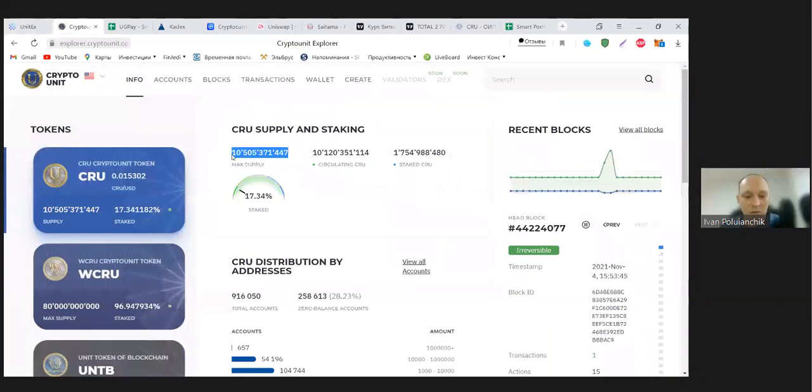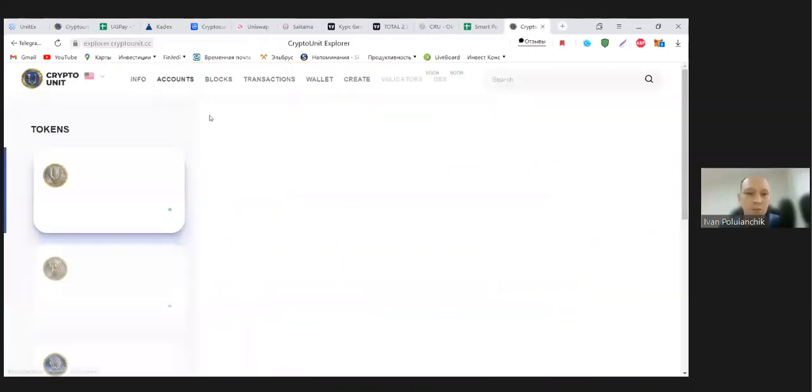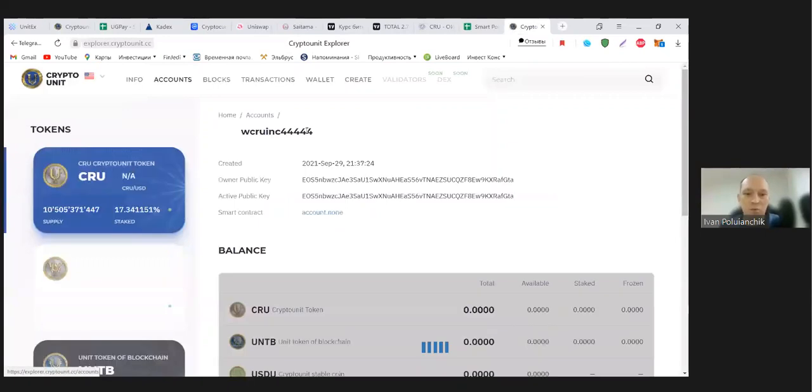We have a crypto wallet, CRU, you may find it.